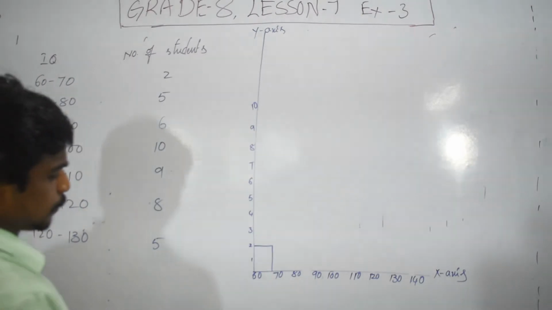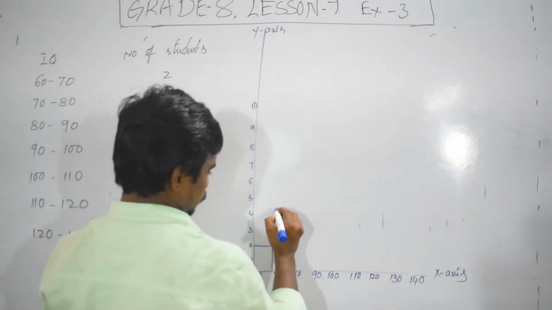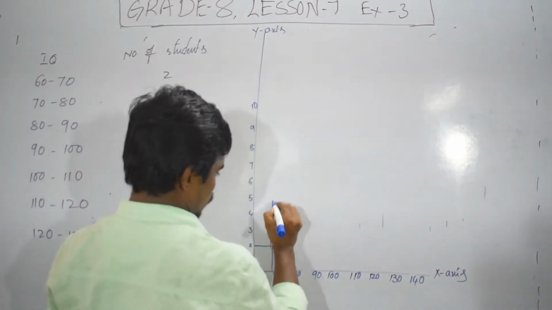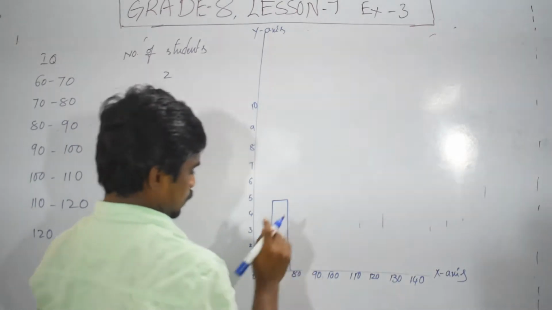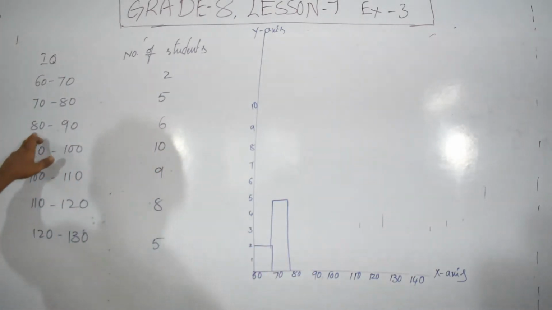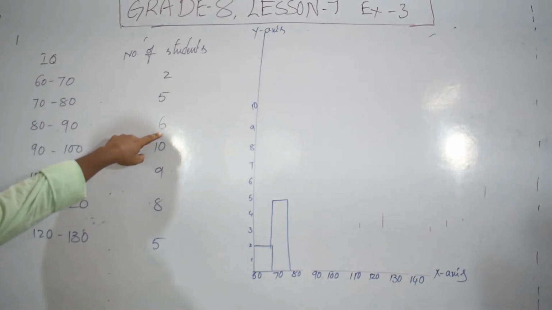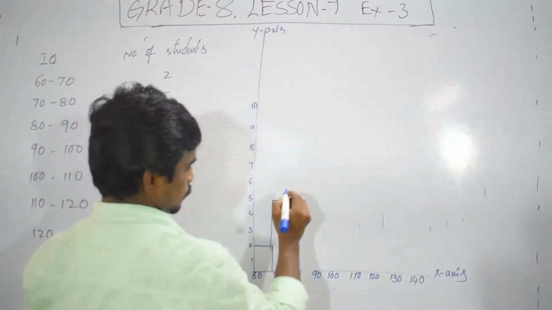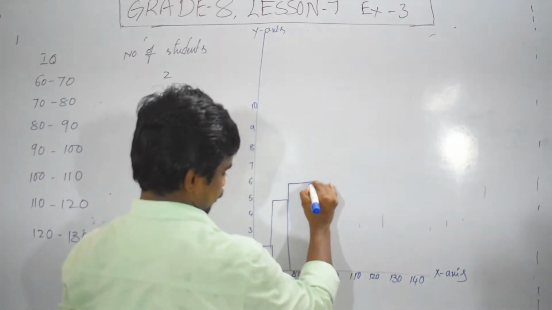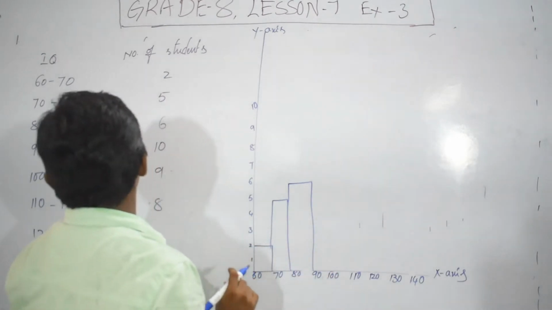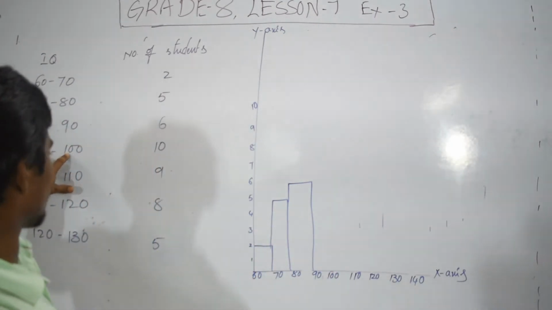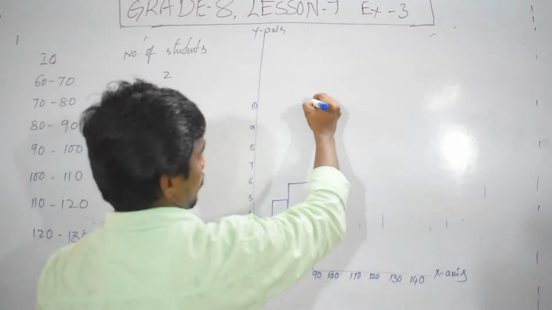How much? 5. Next 80 to 90, 6. Next 90 to 100, 10.